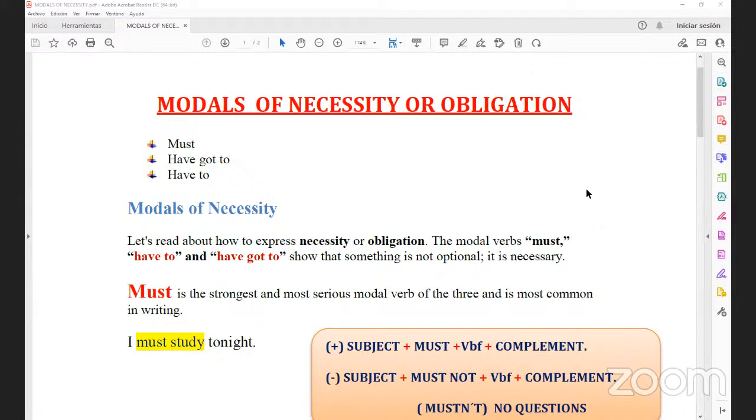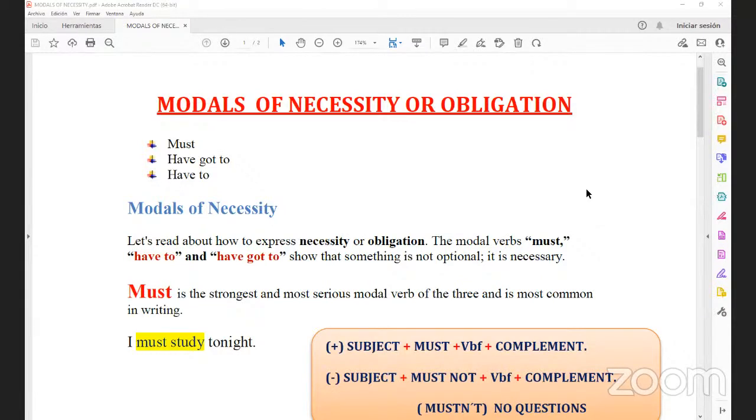So what do we have to know here? We have to know what is an obligation. Well, a strong obligation and a necessity, but it is not so strong.